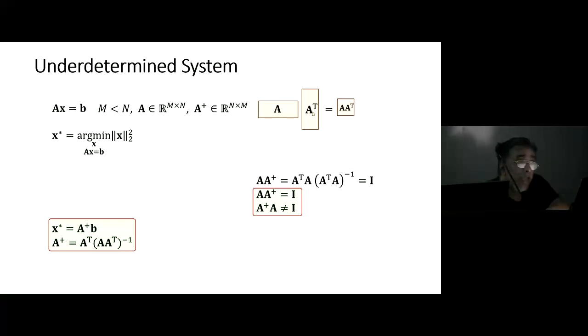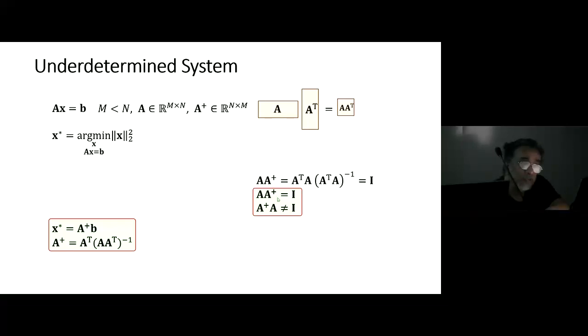Here, what's the rank of A? It's n, right? No, it's m, the lower of the two. So A times A pseudo-inverse will be an m by m square matrix, and you can check it's equal to the identity matrix.